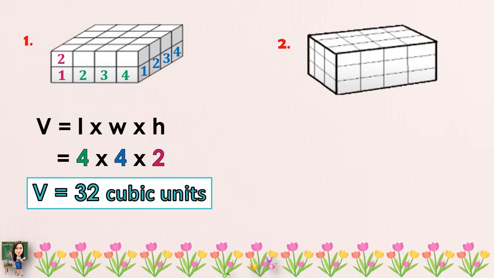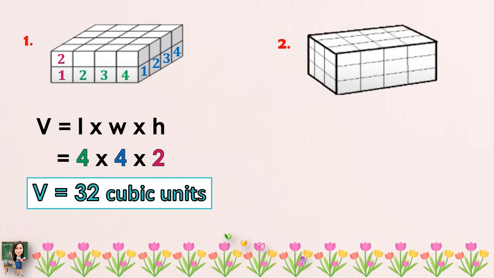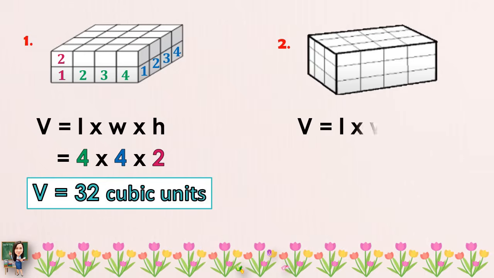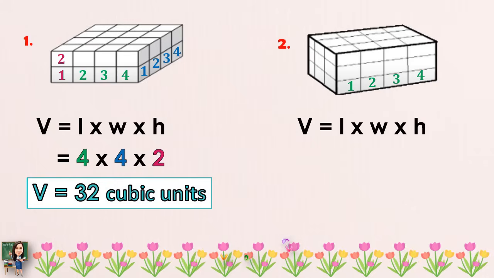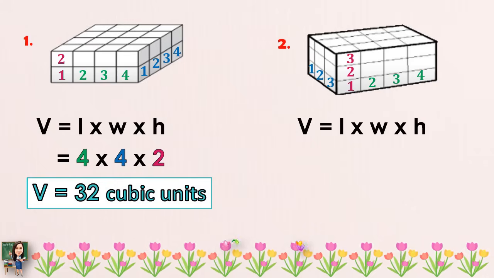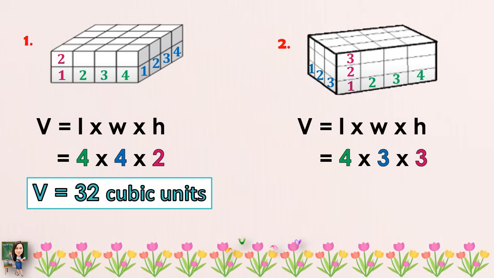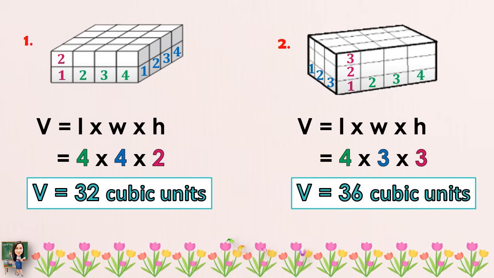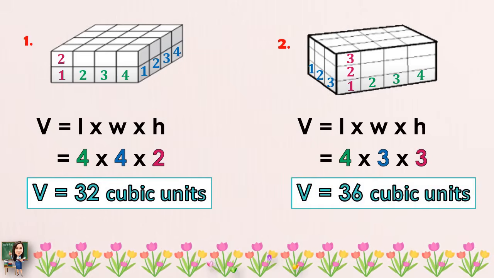Number 2. This is a rectangular prism. So the formula is volume equals length times width times height. The length has 4 cubes, the width has 3 cubes, and the height has 3 cubes. 4 times 3 times 3 equals 36 cubic units.